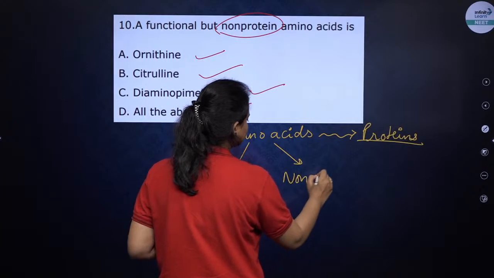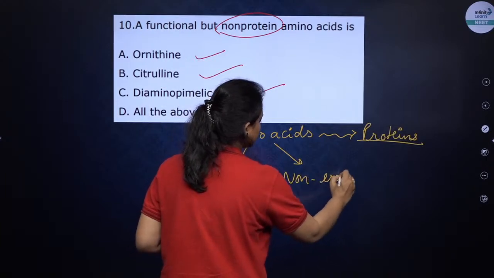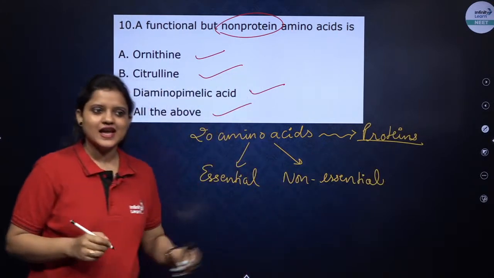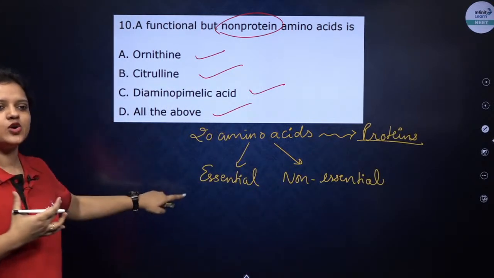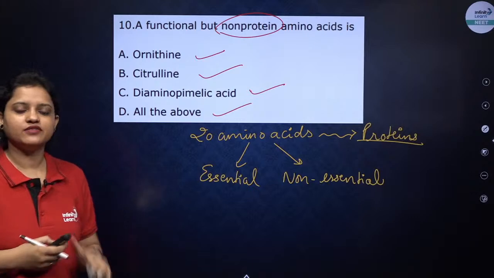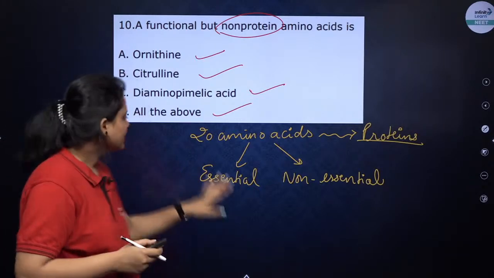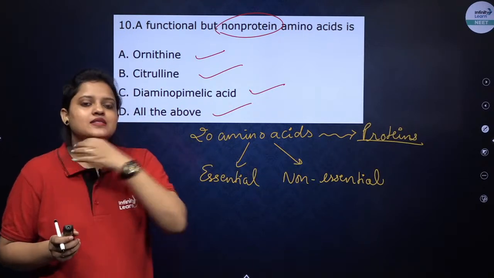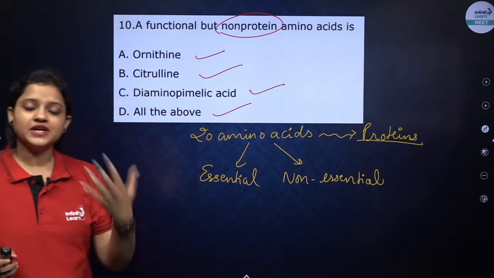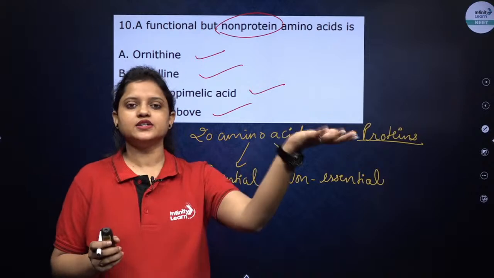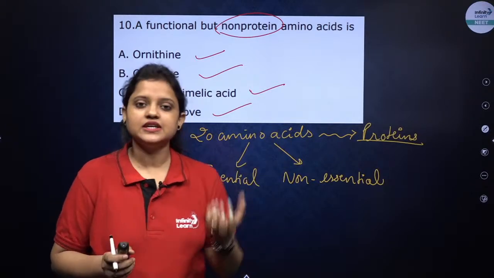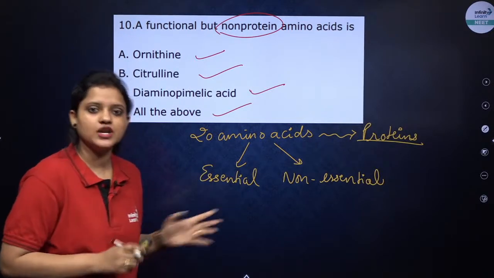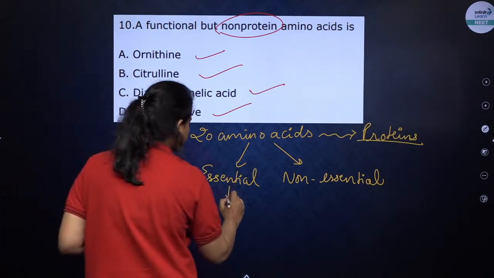Now these 20 amino acids are divided into essential and non-essential amino acids. Essential amino acids are the ones that are not formed in our body and are required from outside, right? We need an outside source for these amino acids. Those are essential amino acids. So I will write it here.